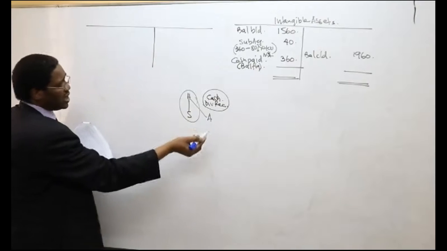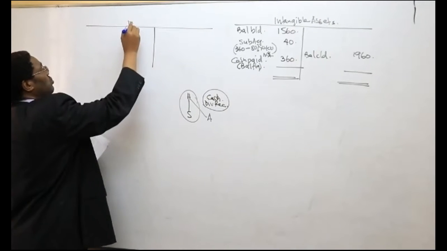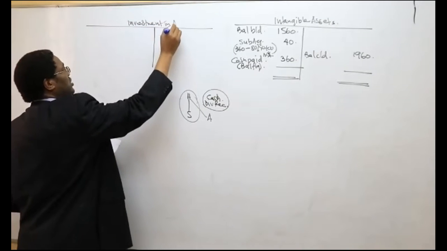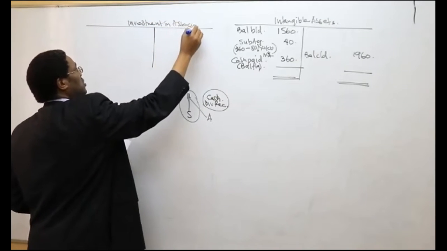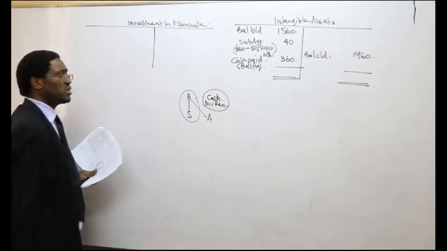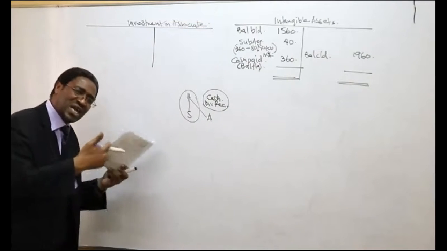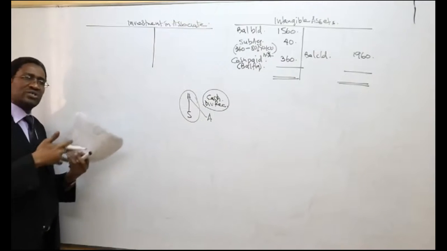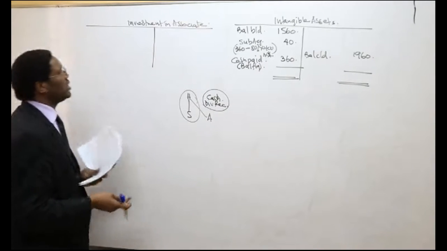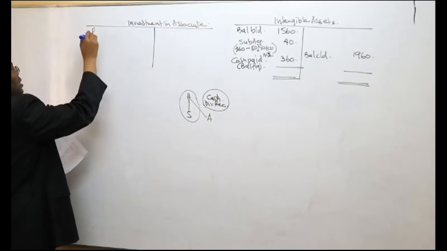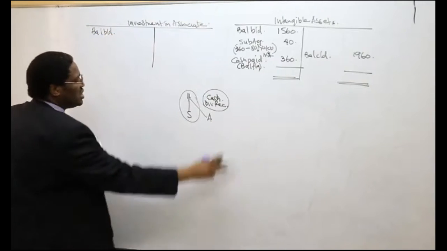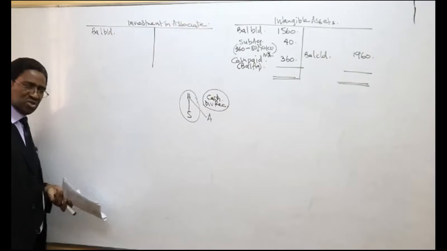So we need to calculate it, and I hope you remember, to calculate it, you prepare an account called investment in associate, where you feed in all the information concerning the associate as much as the question will allow you. Then there will be a balancing figure, and that balancing figure will represent the cash dividend received from the associate. So let's do that now.